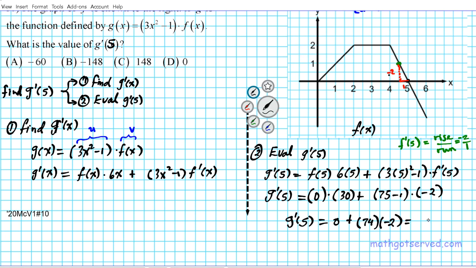When you multiply 74 by -2, you get -148 as the value of g prime of 5. Ladies and gentlemen, the answer to question number 10 is option letter B.